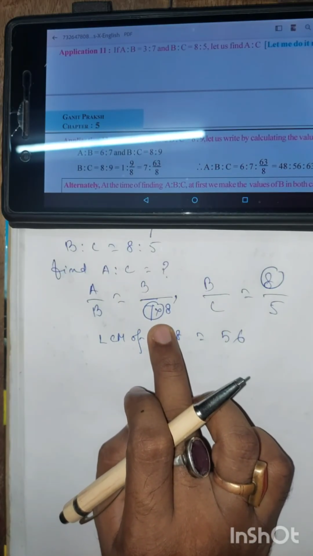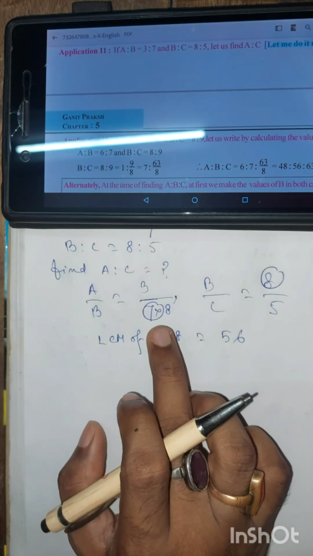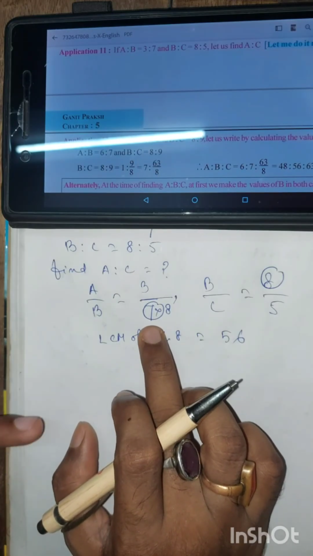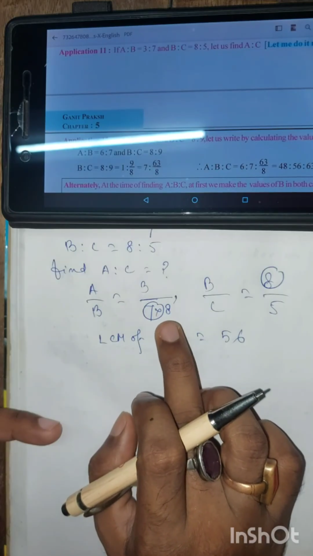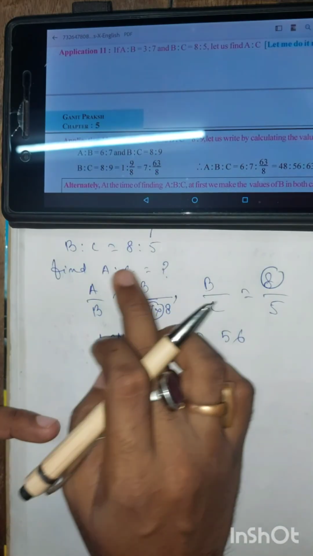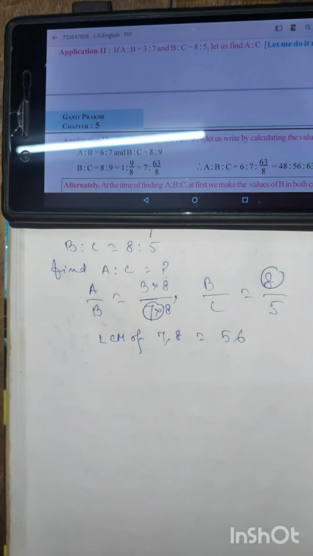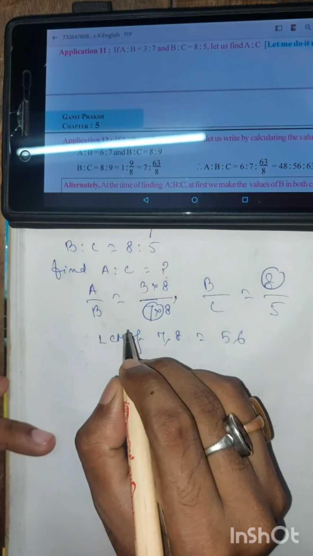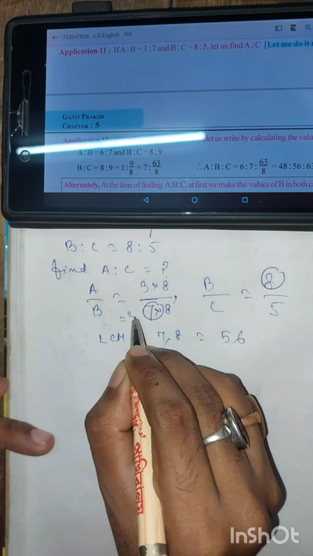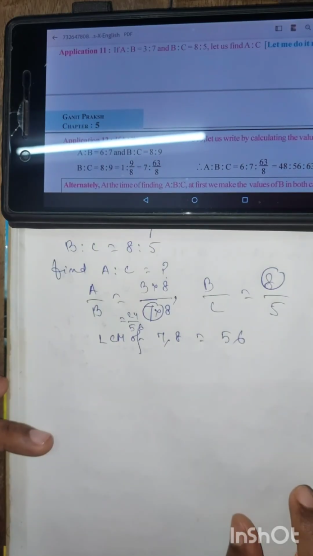Okay, we are converting 7 forcefully into 56. So when we multiply the denominator by it, to keep the ratio unchanged, we need to multiply the numerator also by 8. Now the ratio becomes 24 by 56.